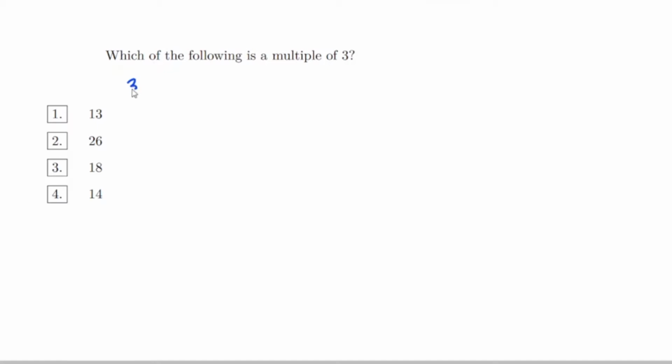So 3 times 1 is 3, 3 times 2 is 6, 3 times 3 is 9, 3 times 4 is 12, 3 times 5 is 15, 3 times 6 is 18, 3 times 7 is 21, 3 times 8 is 24, 3 times 9 is 27.